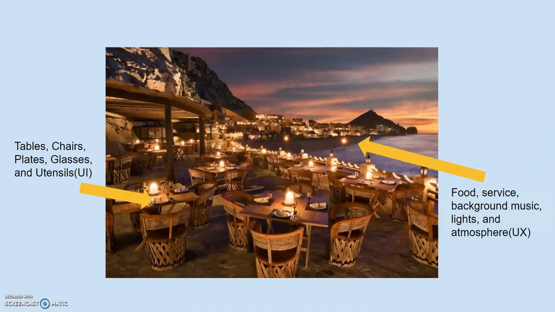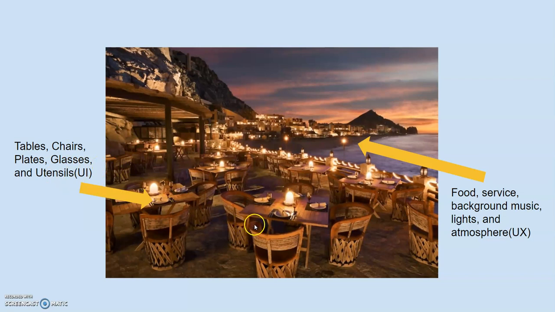The next one is called the restaurant analogy. This one starts out, you're hungry, you want to eat at a restaurant, and so you find this beautiful restaurant. As you enter the restaurant, you see the tables and the chairs and the plates and the glasses and the utensils. Whatever you see there, that's user interface.